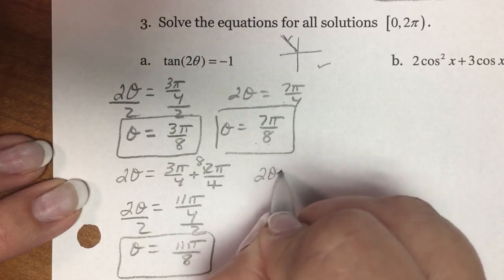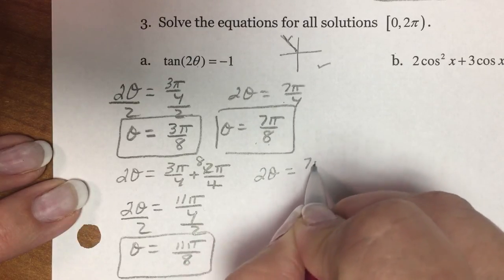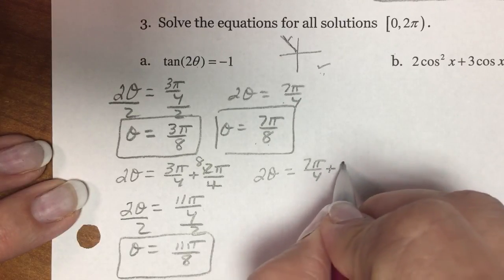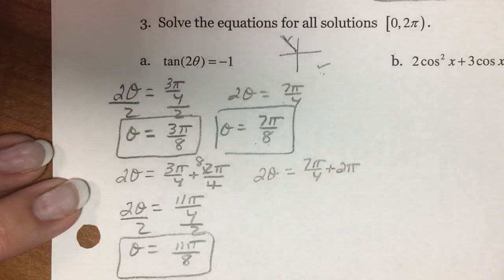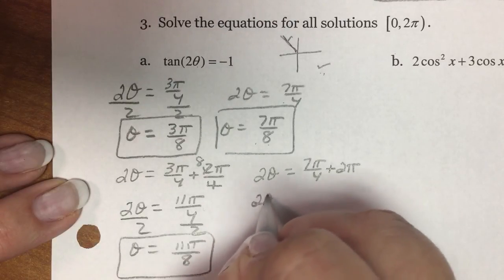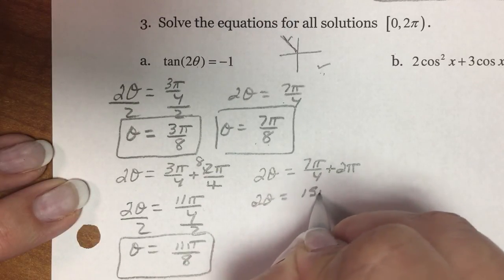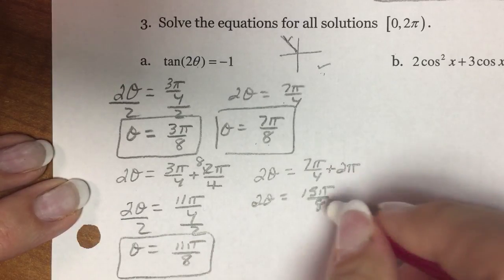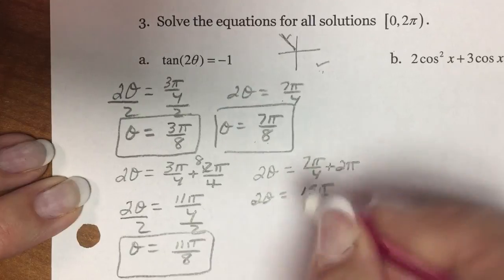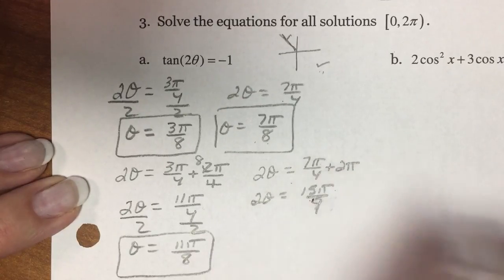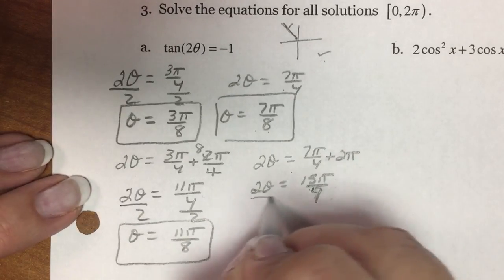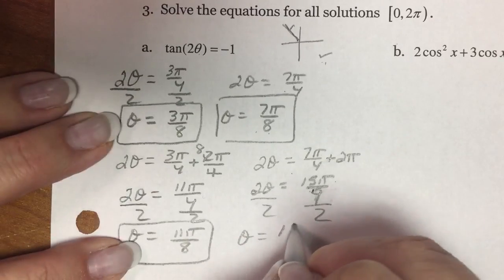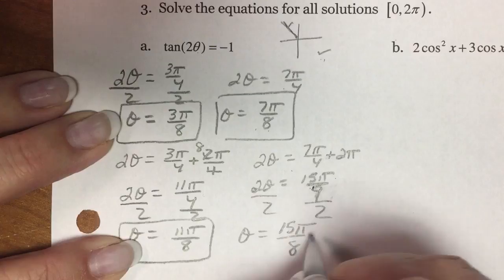I'm going to have to do the same thing to this one. So I'm going to take my 2 theta equals 7 pi fourths, so that's this angle, but I'm going to add again 2 pi. So 2 theta would equal, if I add those by getting a common denominator, 15 pi over 4, not over 8 yet. And then when I divide by 2, I'm going to get theta equals 15 pi over 8.